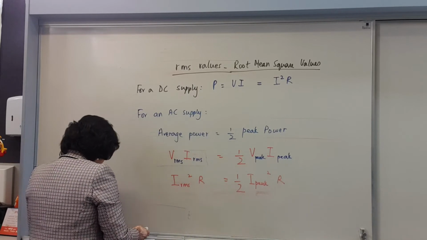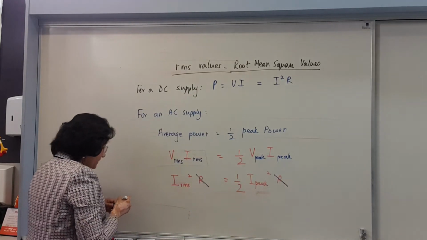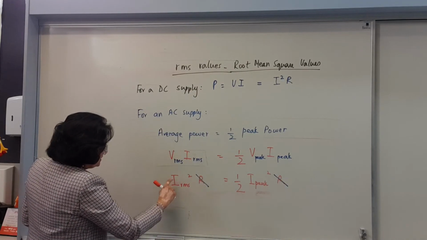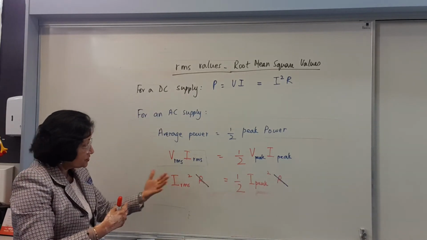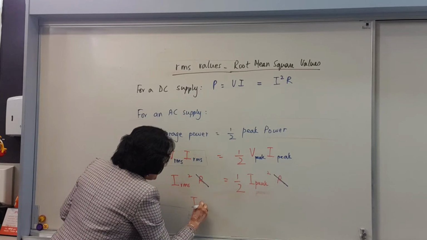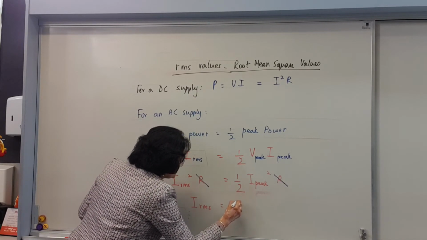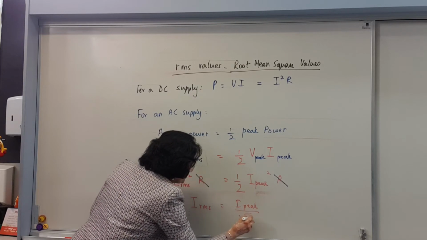Now if you look in both these, R is a common factor for both these. So you end up with I RMS squared equals half I peak squared. So if I square root both sides, I end up with I RMS is equal to I peak divided by square root 2.